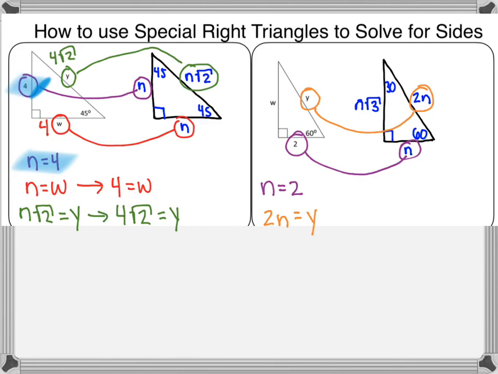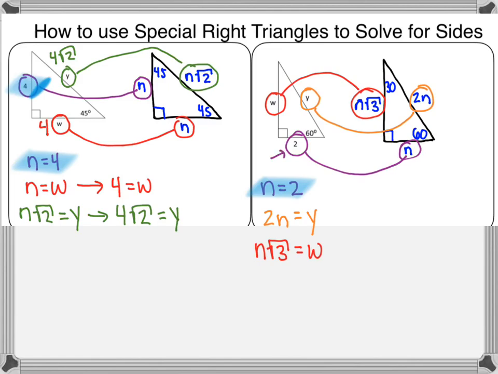And then finally, I have over here w and n square root of 3, so I'd have n square root of 3 equals w. So now I look for the n that I can solve for, which means a statement that doesn't contain two variables. This is the correct statement that I'm looking for, n equals 2, and it is given by the purple part right here.